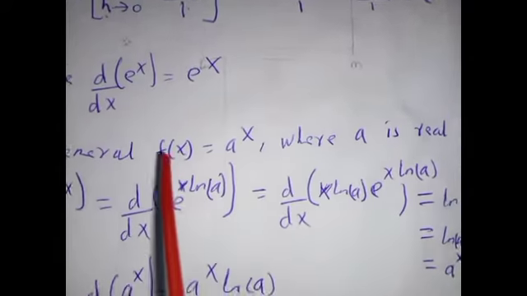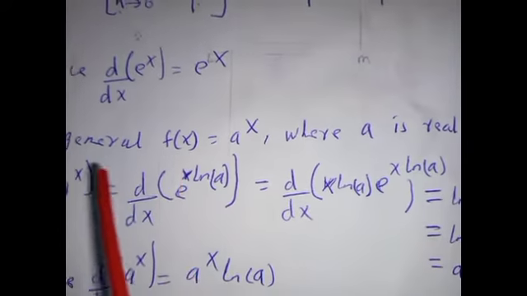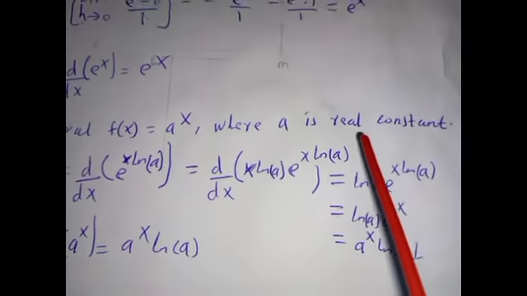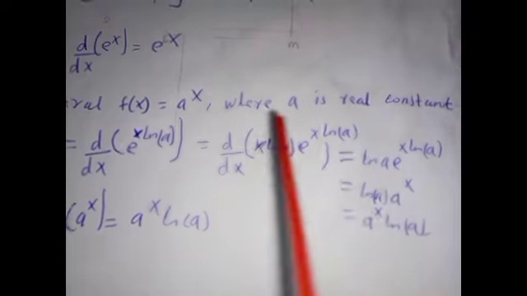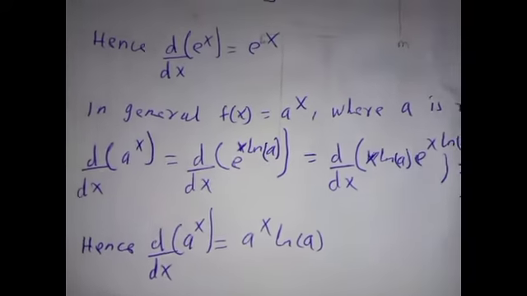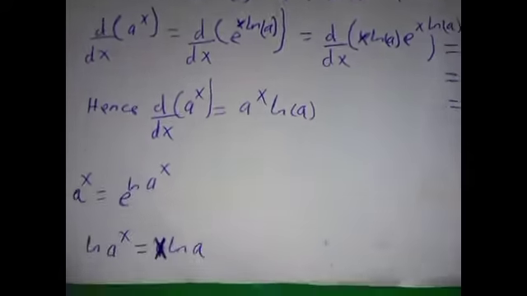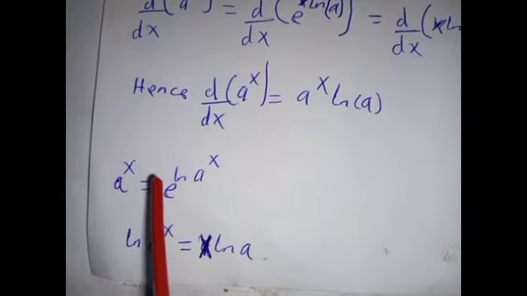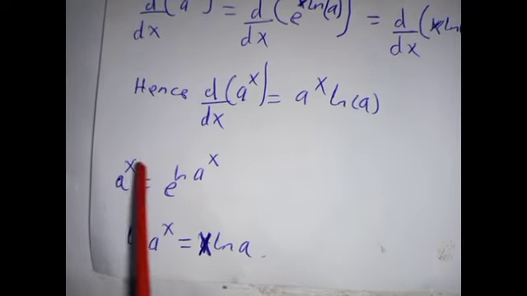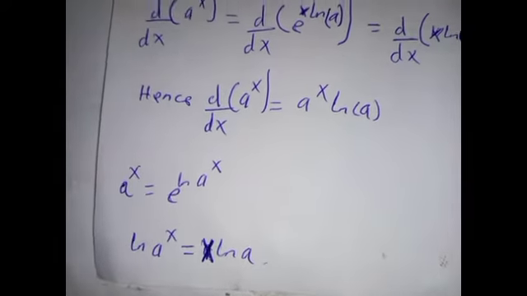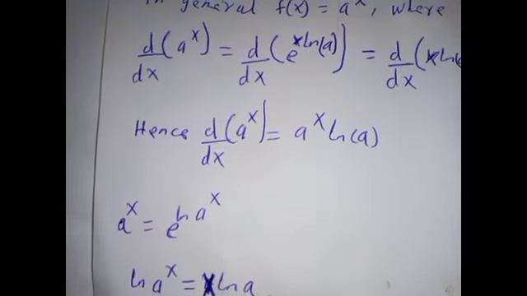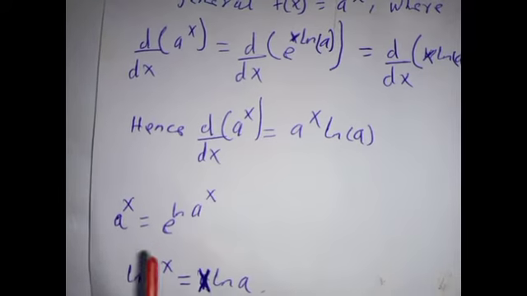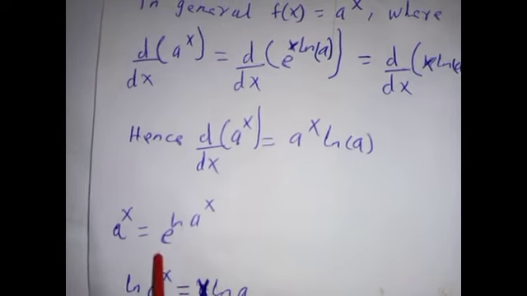In general, if our exponential is a^x, where a is a real constant, how do you obtain the derivative? To get that, we are going to use the fact that e to the power natural logarithm of a^x is a^x. In other words, when we take e to the power natural logarithm of any number, it is that number.